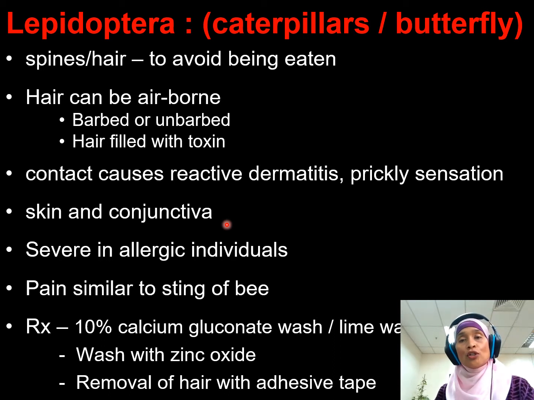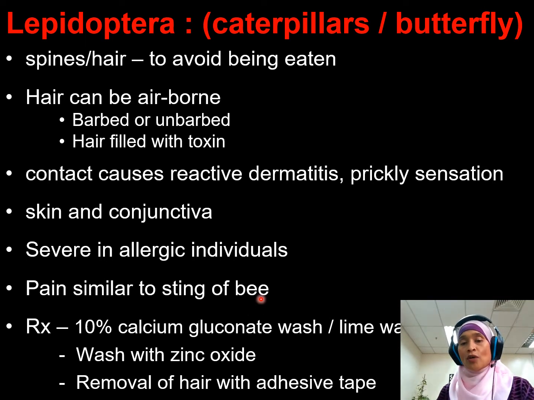For an individual who is prone to a severe or exaggerated immune response, the person can express a severe allergic reaction. Some caterpillar toxins can induce severe pain, very much similar to the pain of a bee sting.